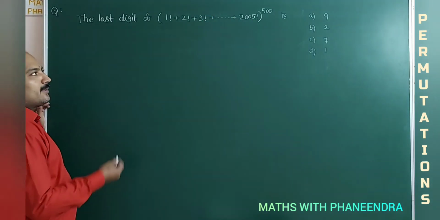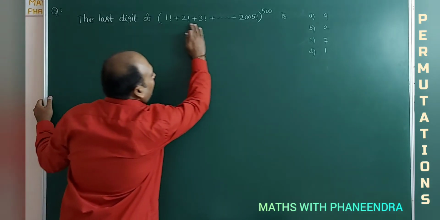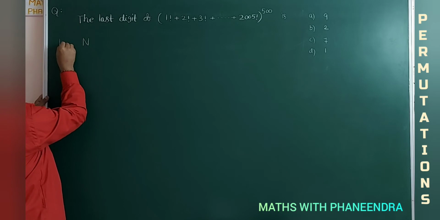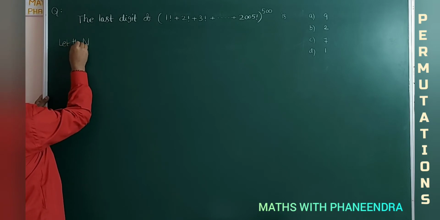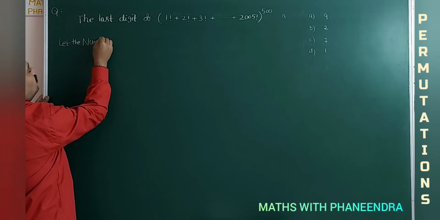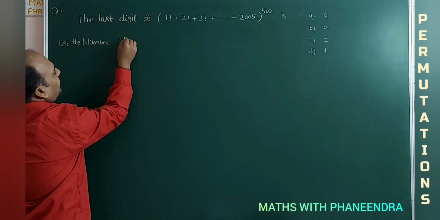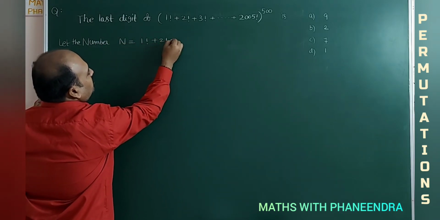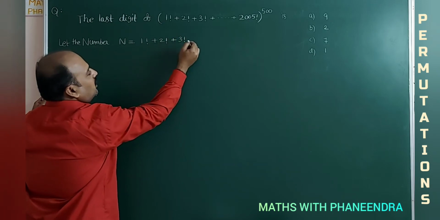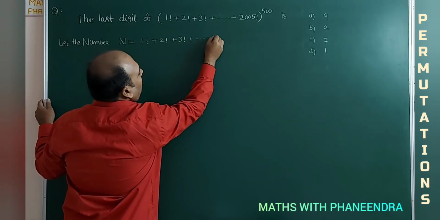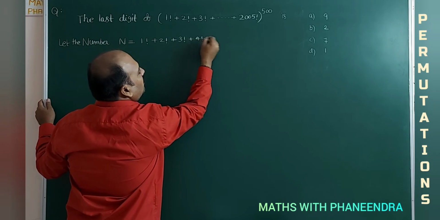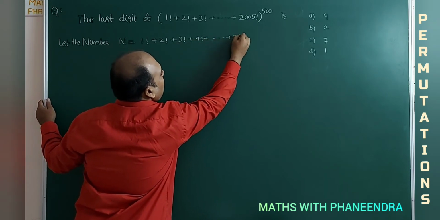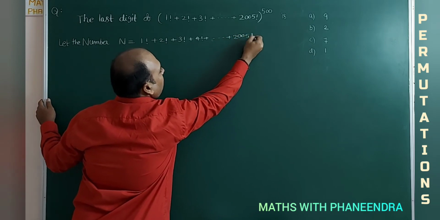So now I am assuming that this bracket value is a number. Let the number capital N be equal to 1 factorial plus 2 factorial plus 3 factorial plus 4 factorial plus and so on up to 2005 factorial.